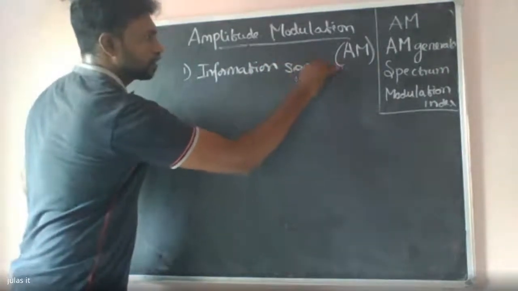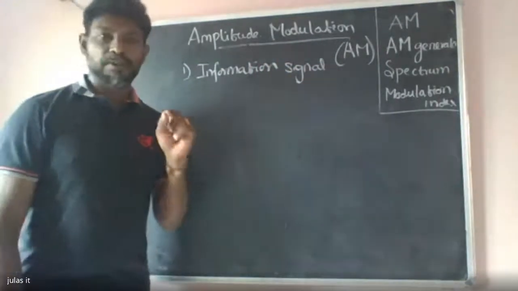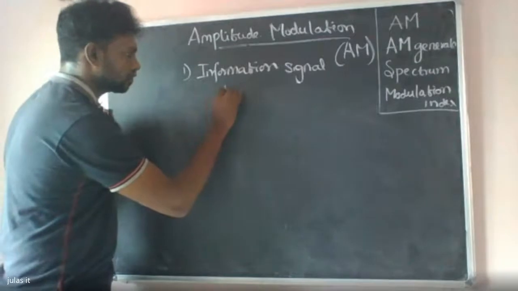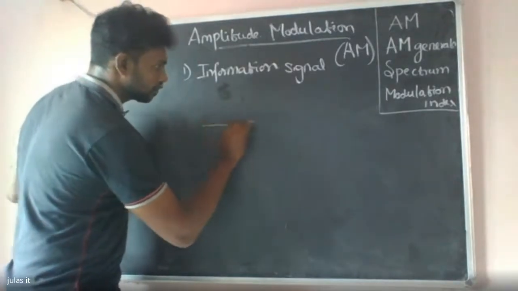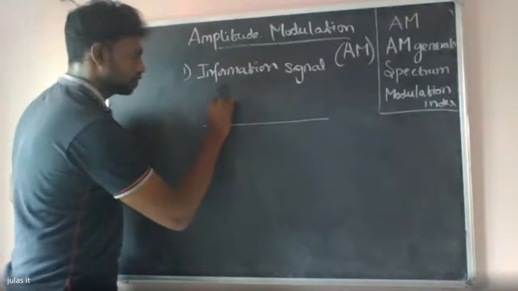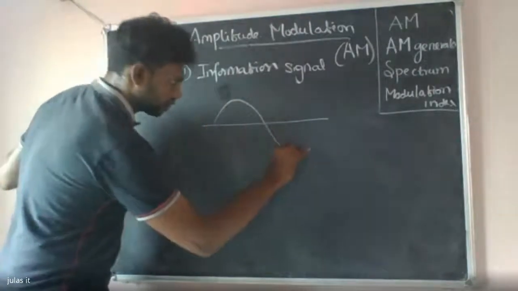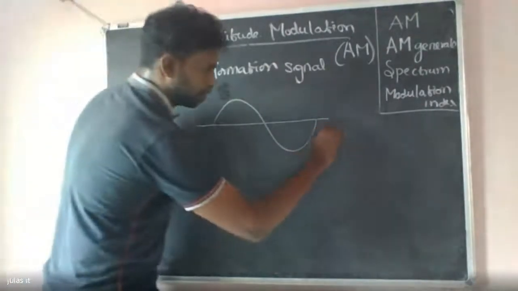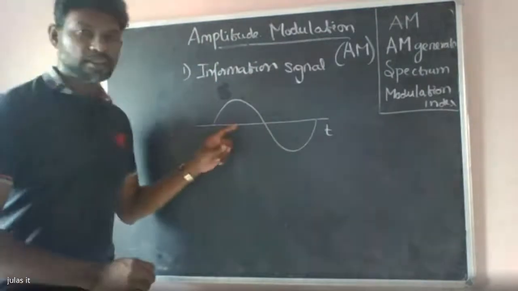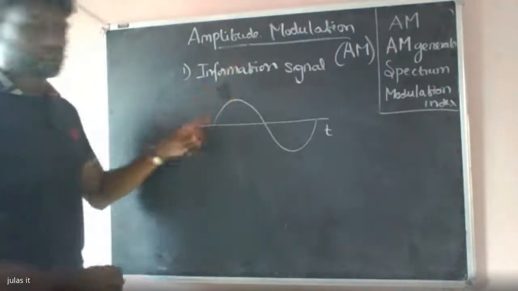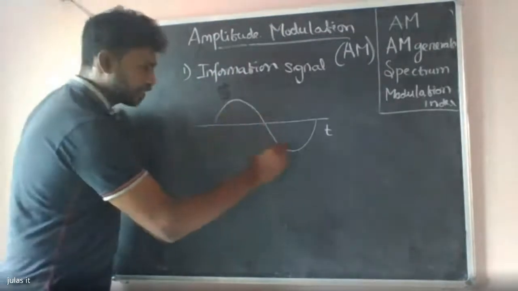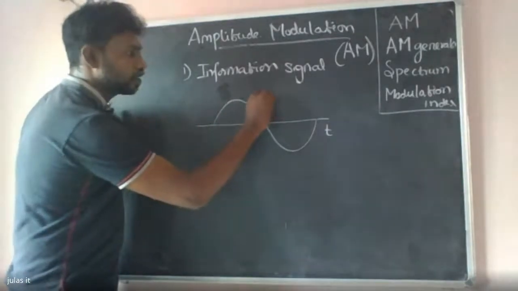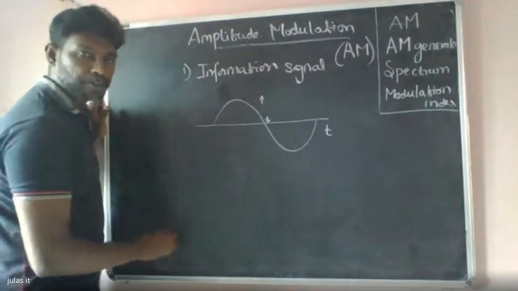Information signal, right? When you draw the diagram of an information signal, we draw a signal with respect to time. Okay. In this signal, which is an information signal, the signal consists of a frequency component.